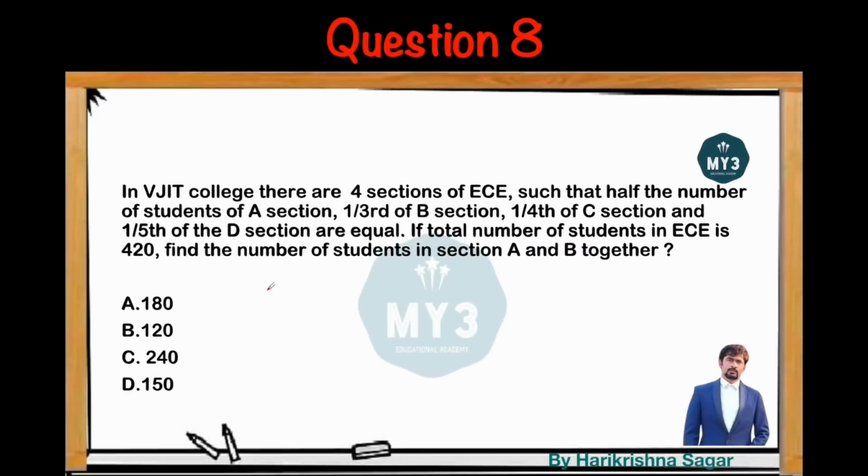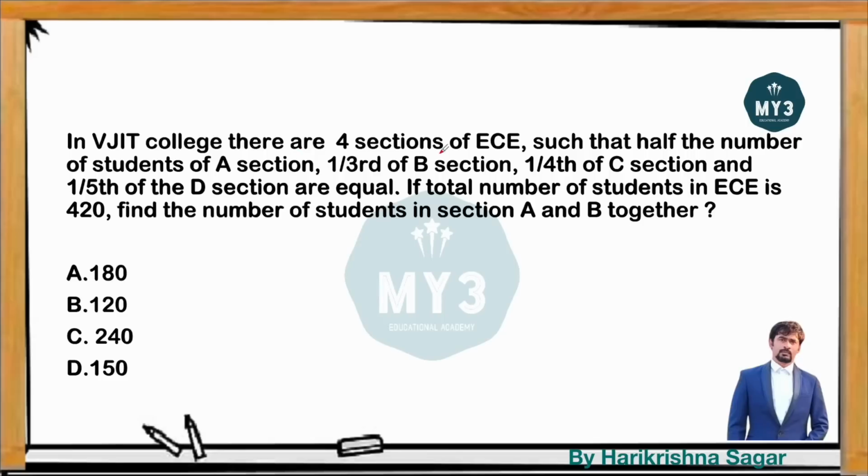If you observe this question, in VJIT college, there are 4 sections of ECE such that half the number of students in A section, 1/3 of the number of students in B section, 1/4 of students in C section, and 1/5 of students in D section are equal.